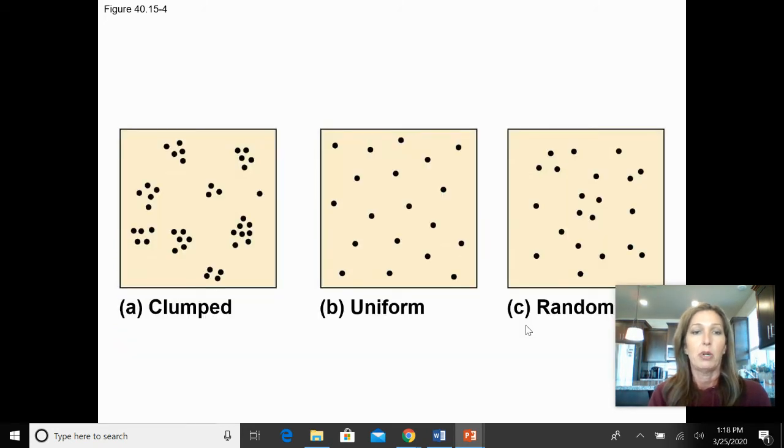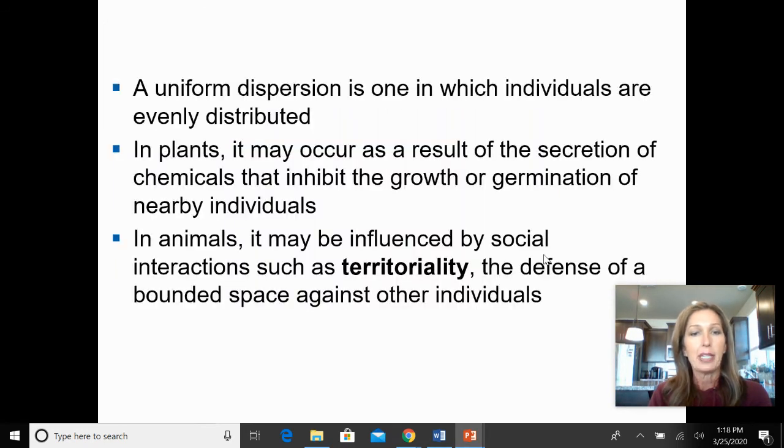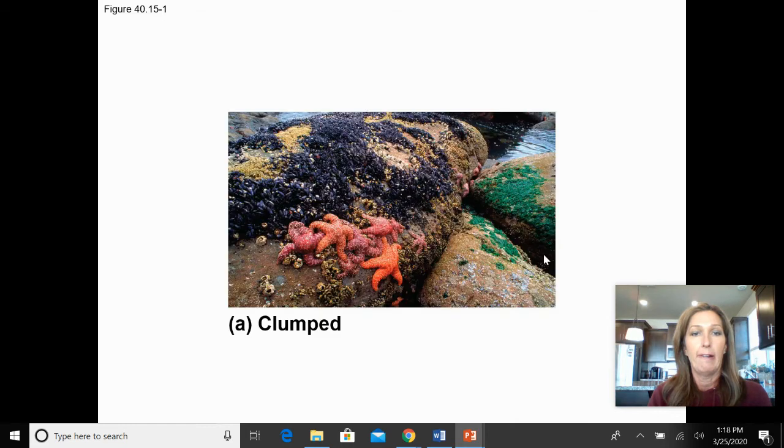In a little bit more detail, if we take out all the other pictures, again, clumped is the most common. Uniform would be if there's a territorial type of behavior. Random is something like those seeds, where it was just random where the seeds landed. There's really no rhyme or reason as to why there's that particular organization. Now, again, with clumped, it's the most common.